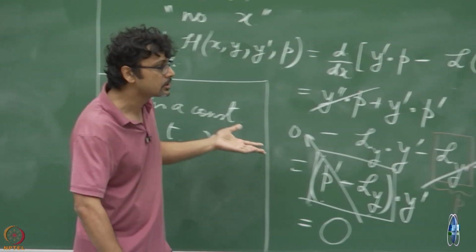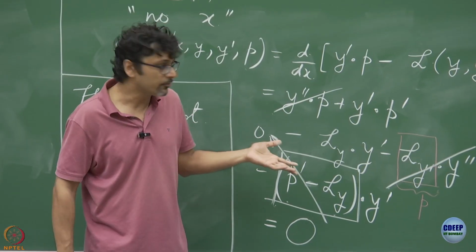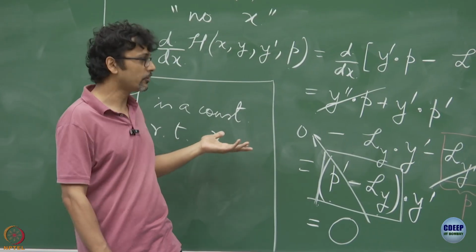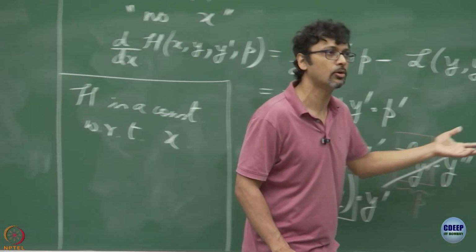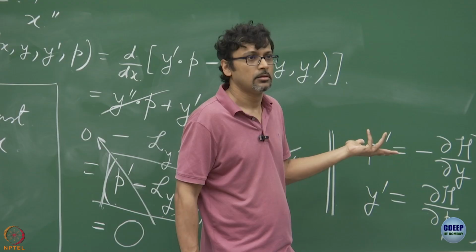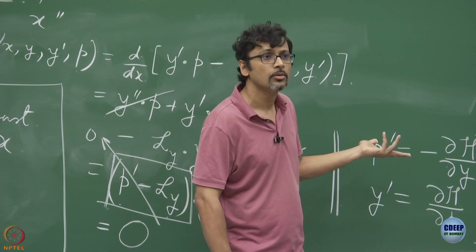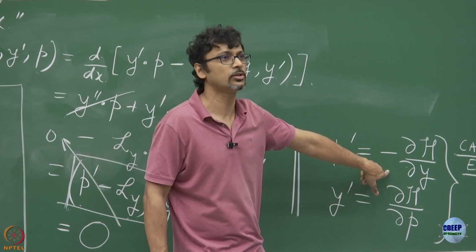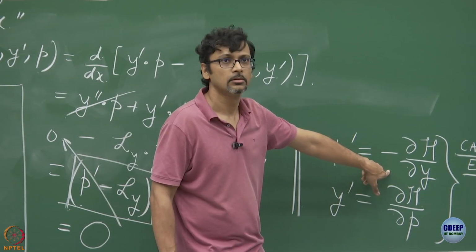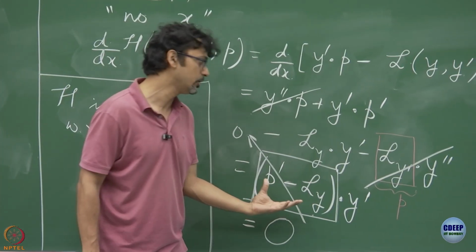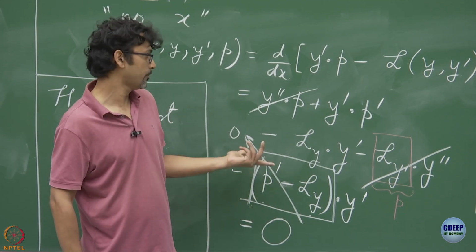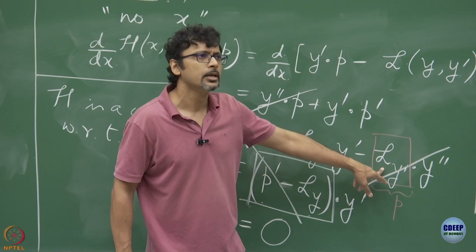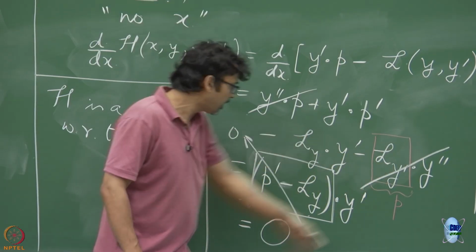The other relations, many of them still hold even in the general setup, like the definition of the momentum, its partial with respect to H and all those things, they will still be true, because this equation is true irrespective of whether it's the no x situation or the no y situation. Therefore the fact that this is 0 is also going to be true. The fact that the momentum is equal to Ly prime is true from definition. So this part would have vanished anyway.